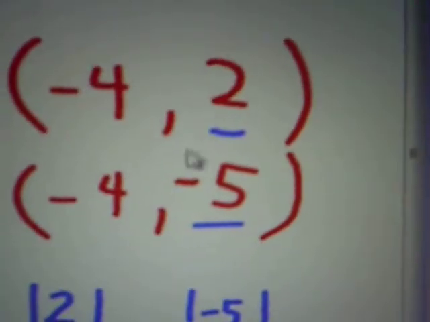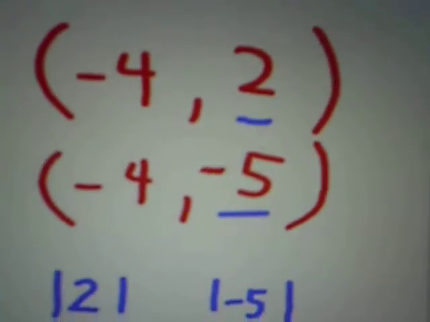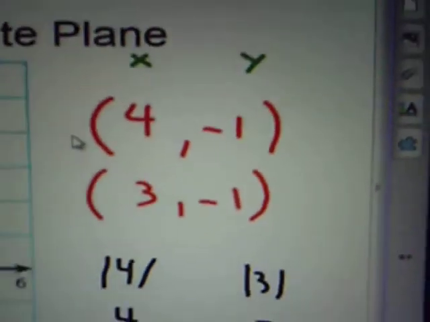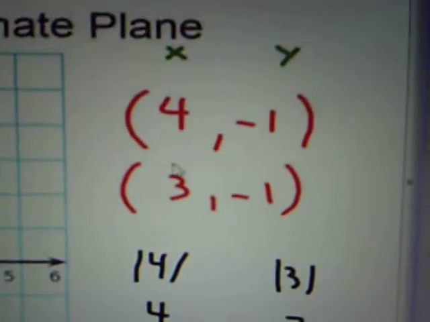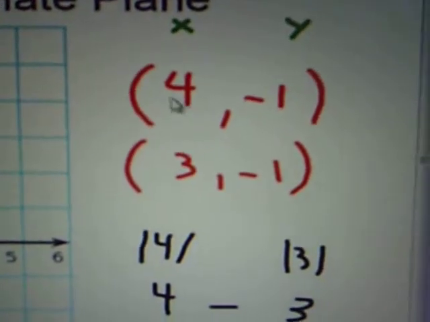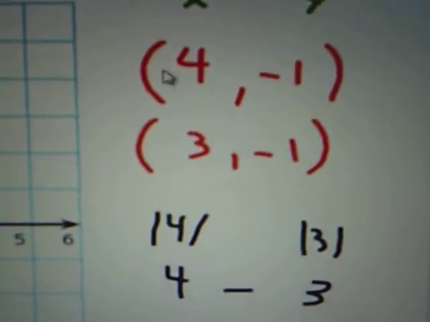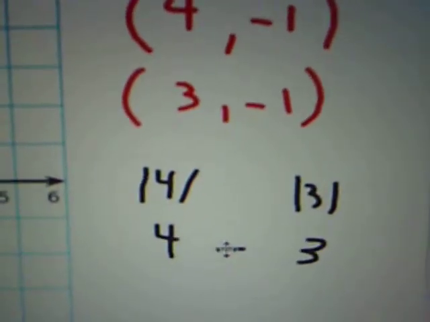So when you have a negative and a positive is the only time you add. But, like these examples, if first you look for the ones that are different, in this case it's the x's, the 4 and the 3, if they're both positive or both negative, that's when you subtract the absolute values.